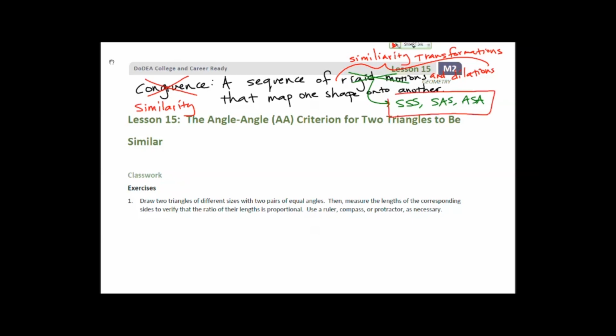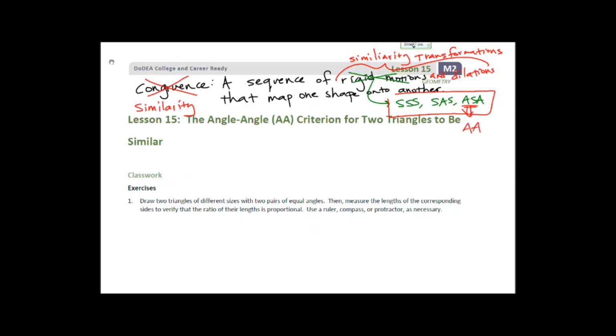Instead of showing a sequence of similarity transformations, for triangles I'm going to look at ways we can use sides and angles to show that triangles are similar without showing the transformations. Specifically right now, we're looking at ASA, which in similarity doesn't need the side, because you can't use one side to be proportional. This will become the angle-angle criterion.